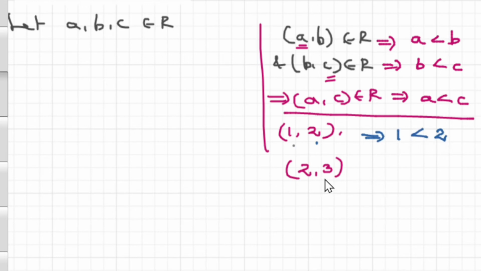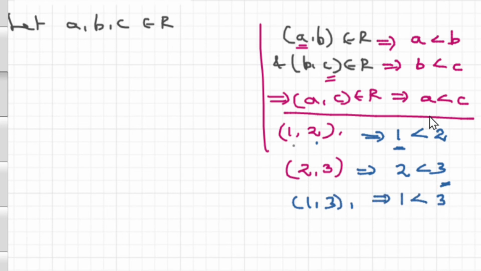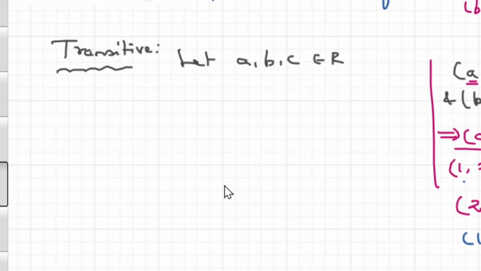And look at this one, 2 is less than 3. This is (b, c). Then we compare the first and this element, so it is (1, 3), and here 1 is less than 3. Okay, a is less than c. So it is clear, it's actually transitive.